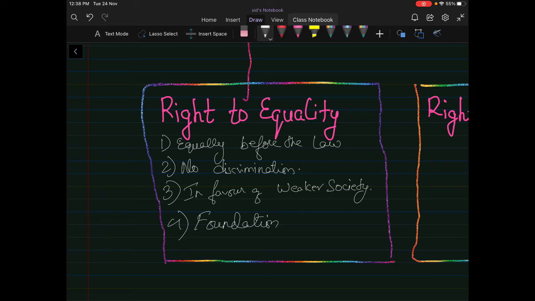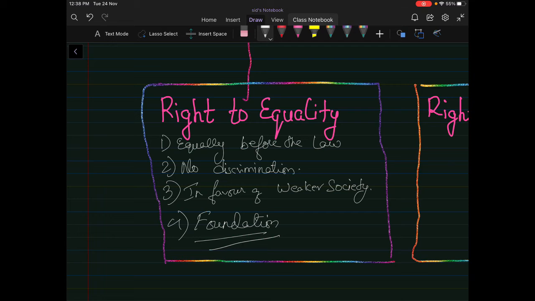If a country has no right to equality, that country is not a democratic country, and other rights without the right to equality are useless. Therefore it is regarded as the foundation of all the rights and liberties.